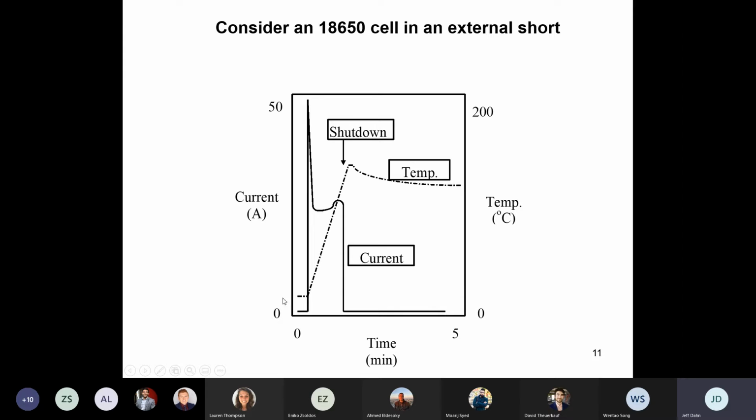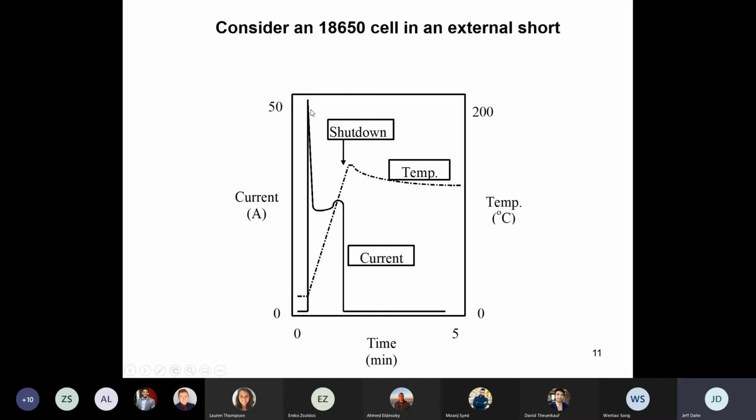So this is a schematic of what happens if an 18650 size lithium-ion cell is put into an external short circuit condition. Initially the current is 0 and the temperature is at room temperature, and then you short the positive and the negative together with a thick wire.